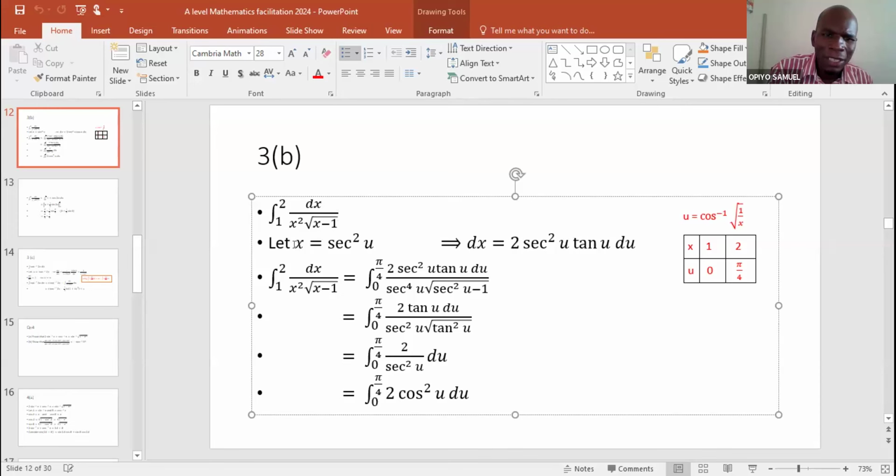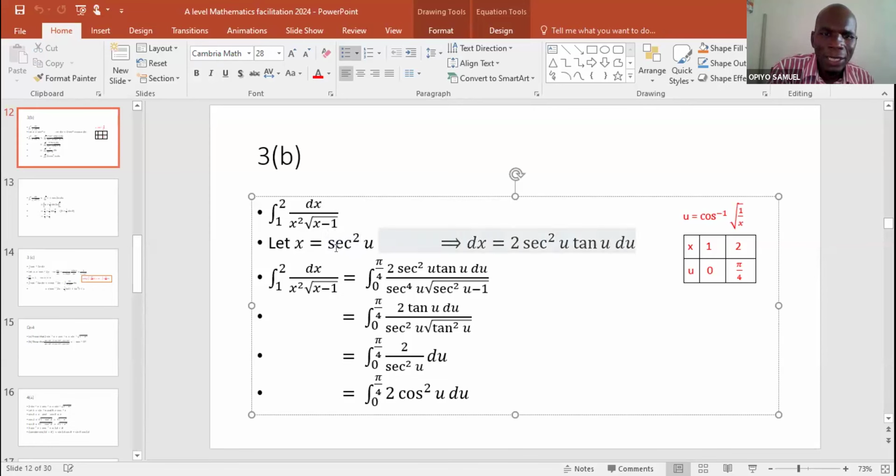In this case, I've decided to use the change of variable using trigonometrical functions. Someone also commented that instead of using sec squared u you can use cosec squared u. So that one is all okay.